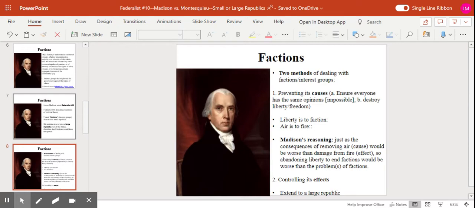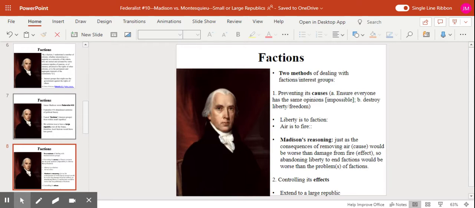So he says that that solution would be like saying we should get rid of air so that we don't have fires anymore. Fires, as he recognizes, and as we all know, can be very dangerous, but it would be worse to get rid of air because that would kill everyone. So he says liberty is to faction what air is to fire.